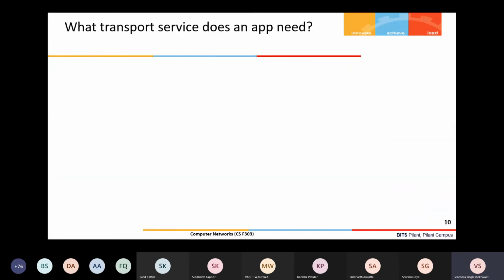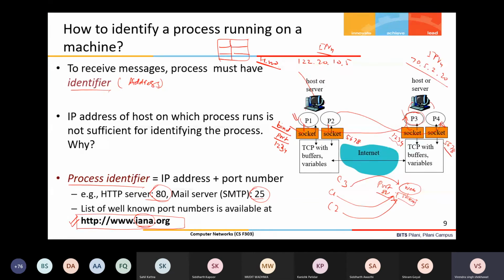Now the next thing is transport service. You know that the application layer, through the socket, can send and also receive. But what services is it expecting from the transport layer? How will an application developer decide what services I need from the transport layer?